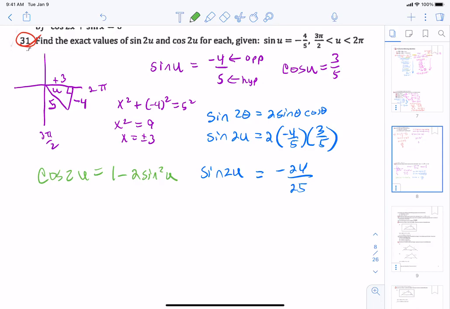You can use any of those and get the same numbers, but I always use the one where there's less chance that I'm going to make a stupid mistake. So this is going to be 1 minus 2 times negative 4/5 squared. Because they told us the sine, just plop it into the formula. To square a fraction, square the top, square the bottom.